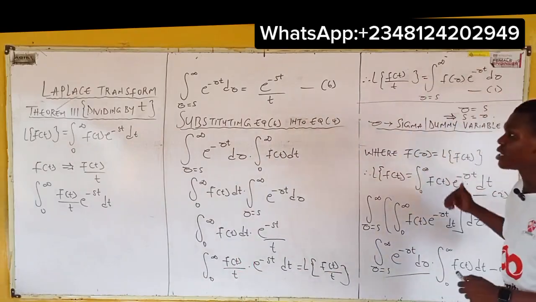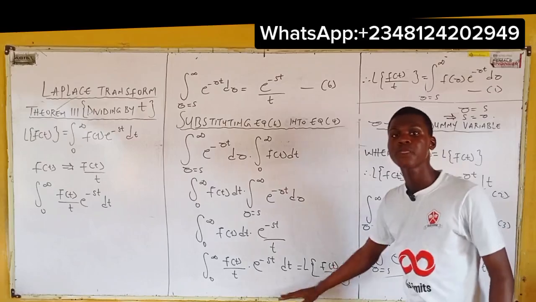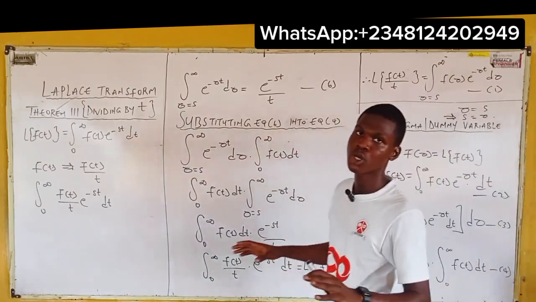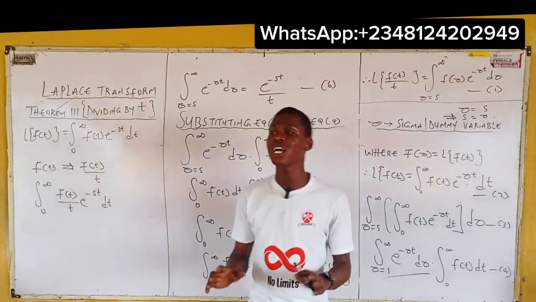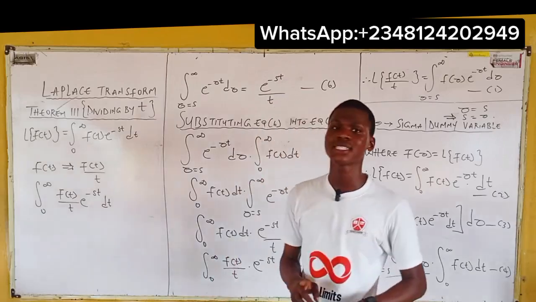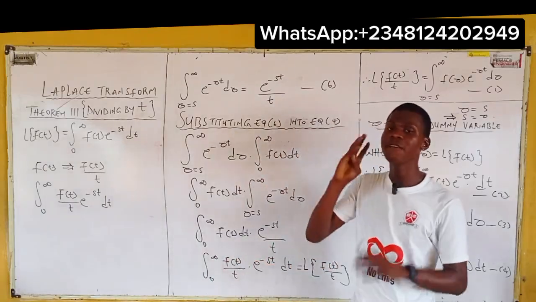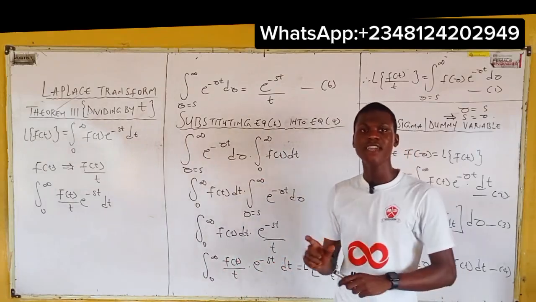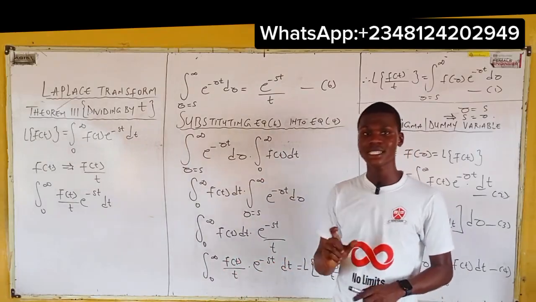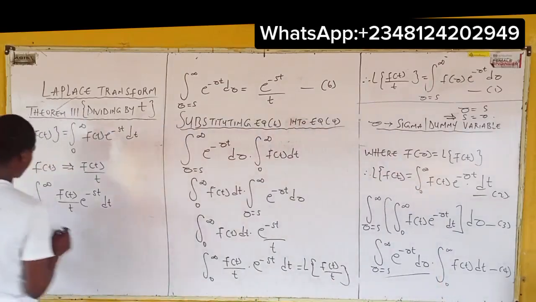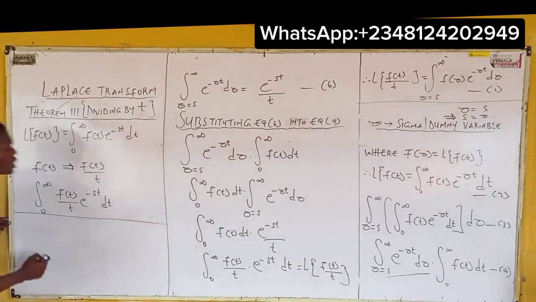The steps implemented to get this formula remain the steps to be implemented for any given question under dividing by t. So that's what this theorem is basically saying, right? And take note that these steps are only valid if the limit exists, if the limit of f of t divided by t as t tends to 0 exists.